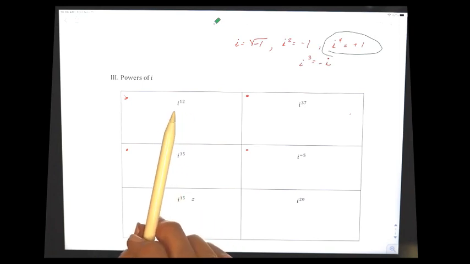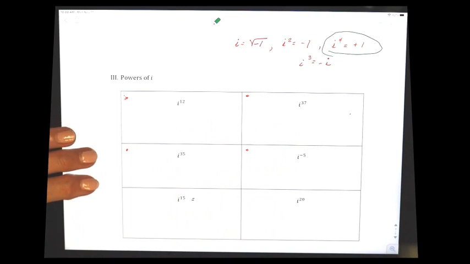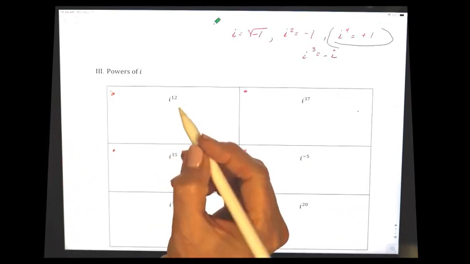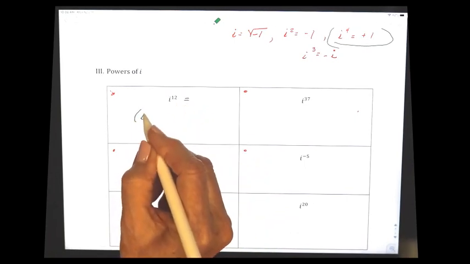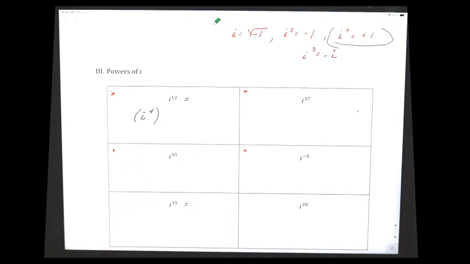So the first one I have, these are all just powers of i: i to the 12th, i to the 37th, i to the 35th, and so forth. So I'm going to take this first one, and what you want to do with these is to think about working in powers of i to the fourth, because that is equal to +1.